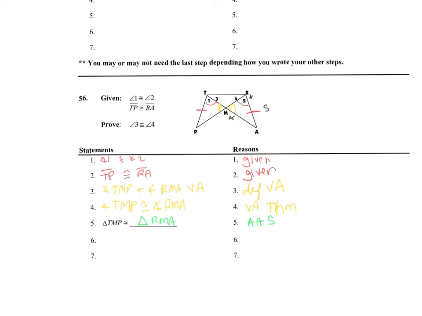And then the next thing we can do is look here at these sides and say that this side here, TM, is congruent to this side here. And that's because corresponding parts of congruent triangles are congruent.